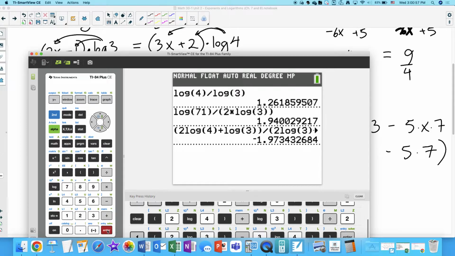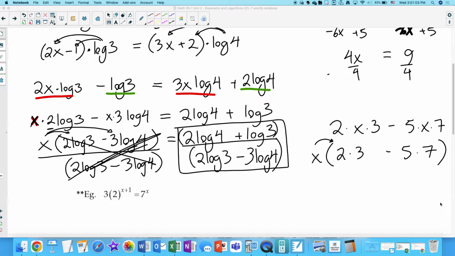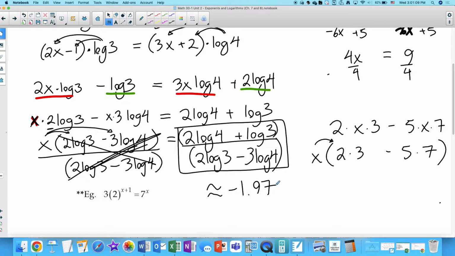Okay, guys. This type of equation is sort of as hard as it gets. But yeah, it's a lot, right? And I think a lot of times the hardest piece to wrap your head around is the fact that log 3, log 4, log of whatever, that's a number.